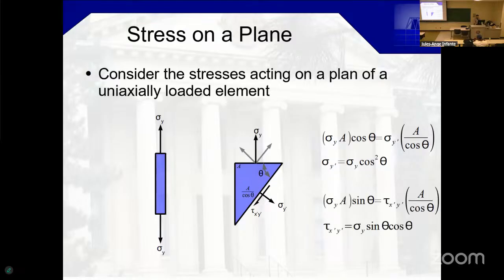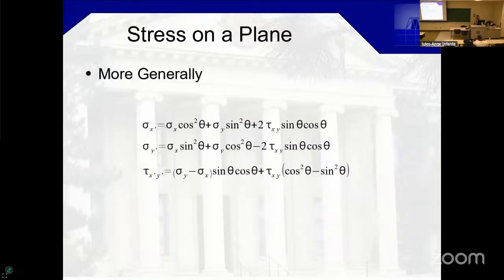And using a similar approach, you can come to the conclusion that tau is equal to sigma y sine theta times cosine theta. So if you apply that more generally, you can say that your sigma x prime, sigma y prime, and tau x prime y prime can be expressed in terms of the sine and cosine for that plane specifically.